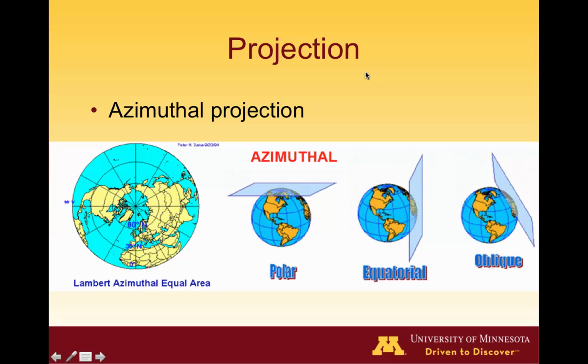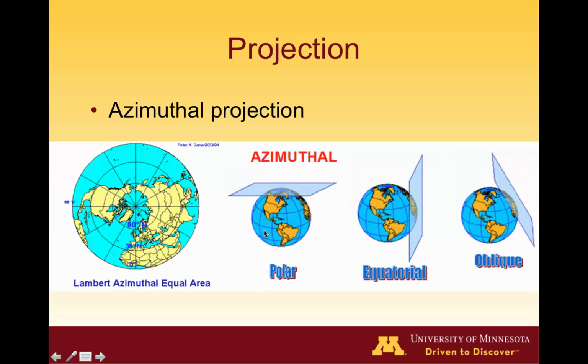Using azimuthal projection, you will project the Earth onto a circle on the plane. It's the same way you see the Earth from space. Because you are so far away from the Earth, the light is almost like parallel light everywhere.